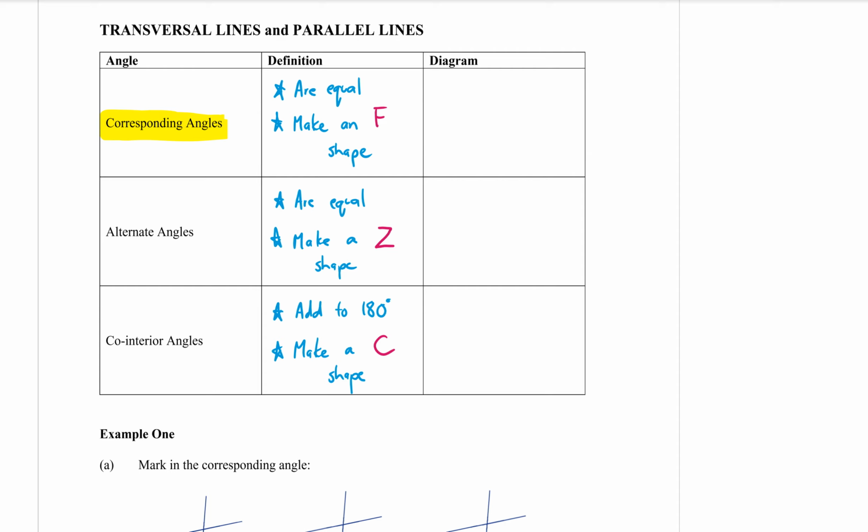So to show you that in a diagram, draw yourself some parallel lines. Put the little arrows on there, which means they're parallel. And we cut the parallel lines with a transversal. Now, if I were to draw on there this angle and this angle, if I join those two angles up, you would see that they make an F shape.